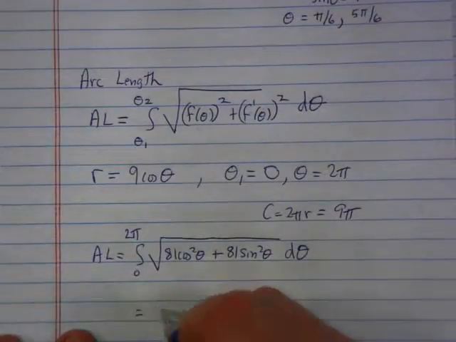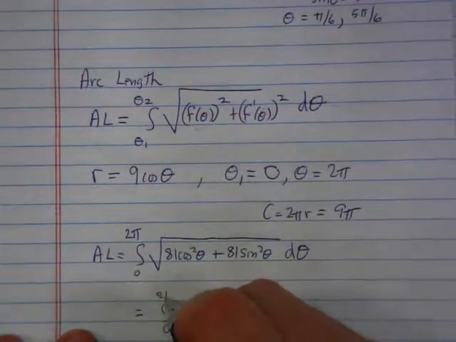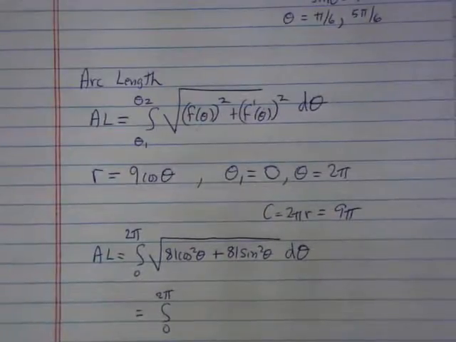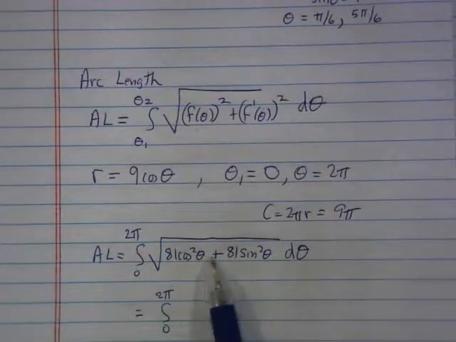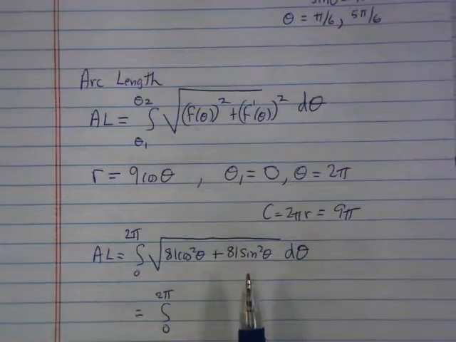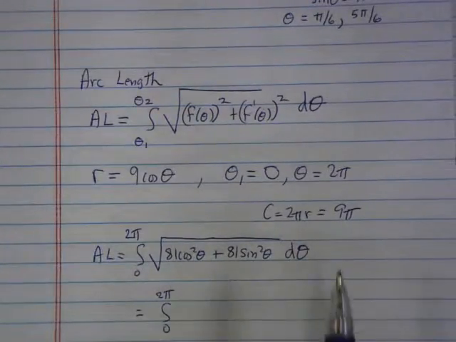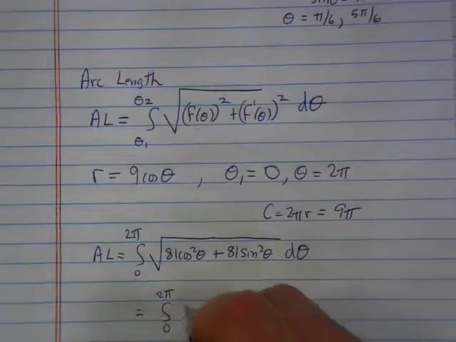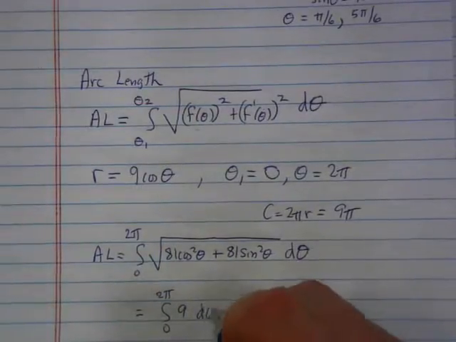What's 81 cosine squared theta plus 81 sine squared theta? It's 81, because you factor out the 81, and cosine squared plus sine squared is 1. So that's just 81. The square root of 81 is 9 d theta.